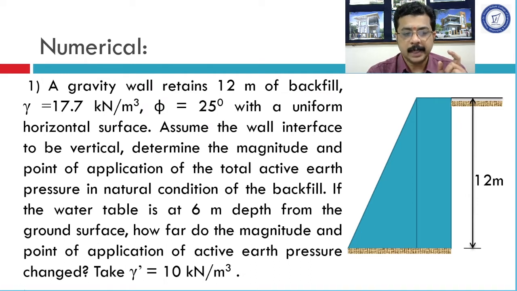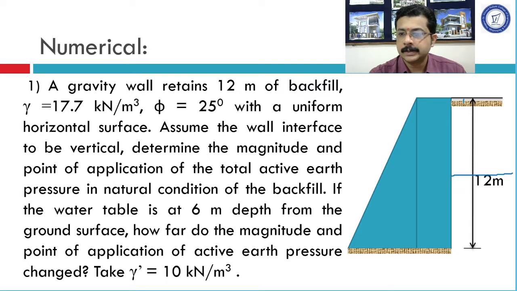These two things we are required to find out. At the same time, they have given condition 2. So in condition 2, what we need to do? We need to find out again the total active earth pressure and its point of application, but the water table is given. Water table is at the depth 6 meter below the ground surface. So here the water table is existing at this depth.